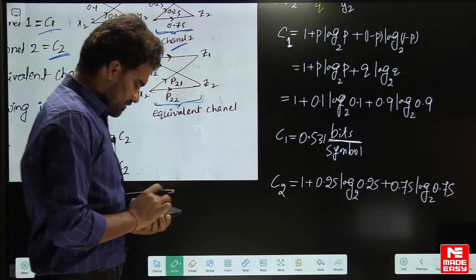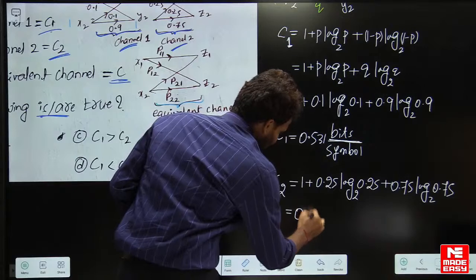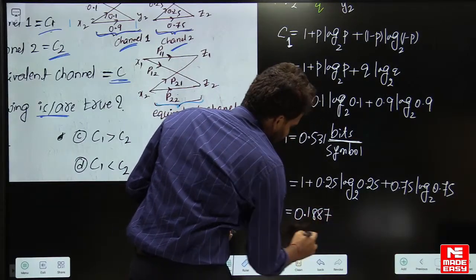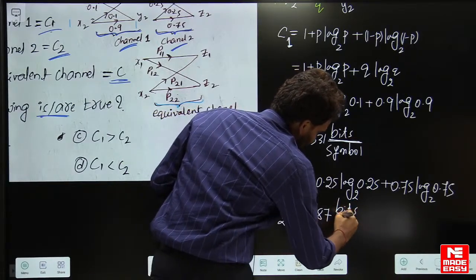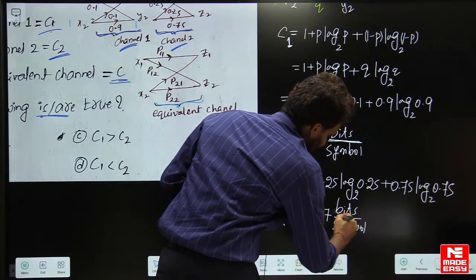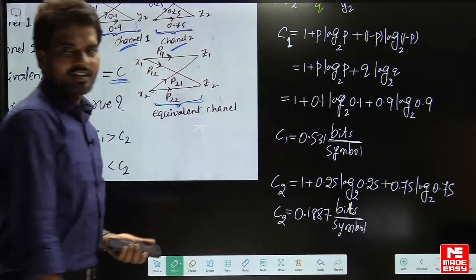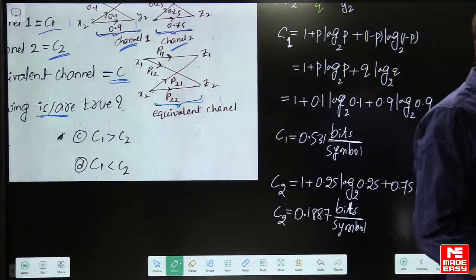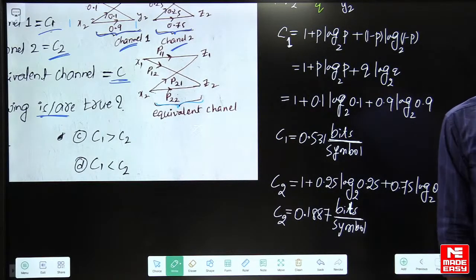If you do this, you will get 0.1887. Do check this. I don't want to waste your time, so I'm writing directly. This is C2. Anshuman Singh is saying A and C are correct.